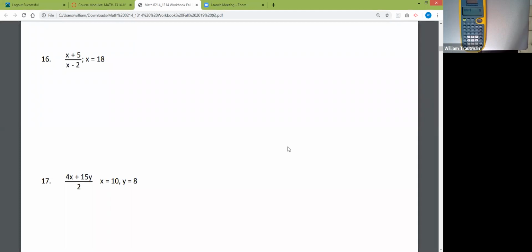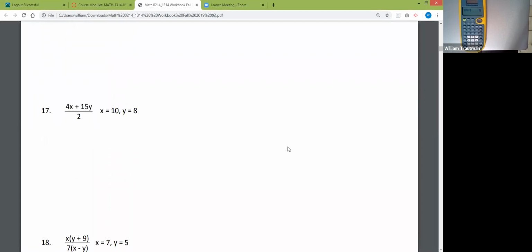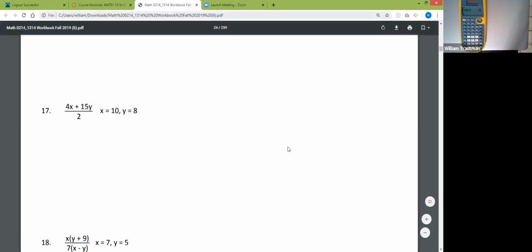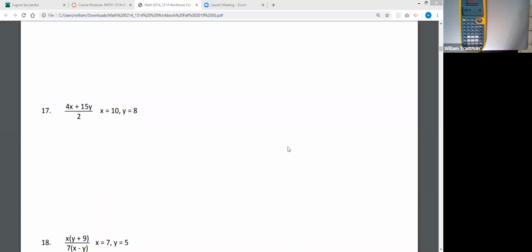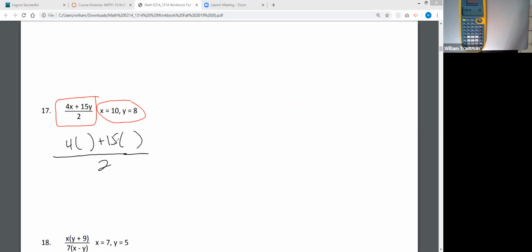All righty, let's try number 17. I can't stress enough, there's no semicolon here, but this is the problem. This tells you what x and y equal. This is a fraction, so for x we use parentheses, plus 15y over 2.